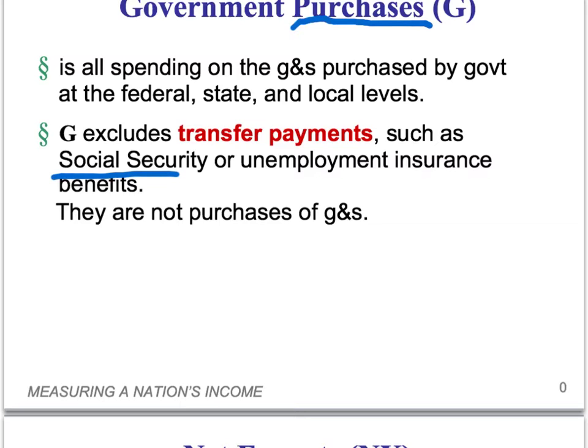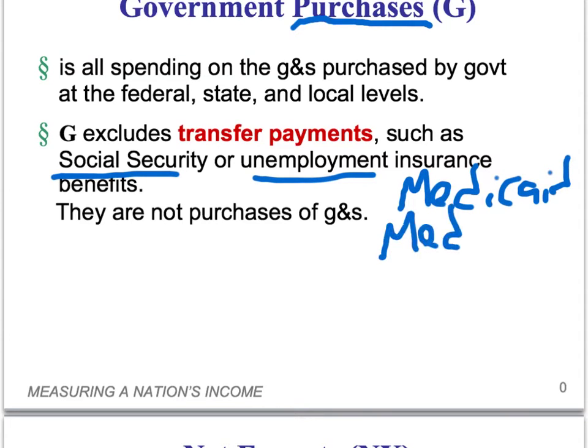Our Social Security payments are pretty static. There's not a lot of movement regardless of what happens with the economy. Unemployment does not count as government purchases. Medicare and Medicaid do not count as government purchases.